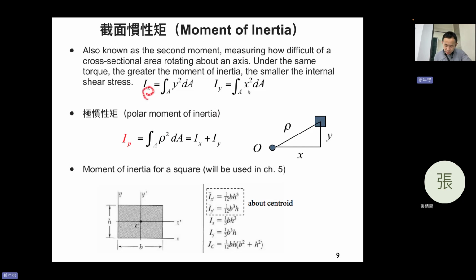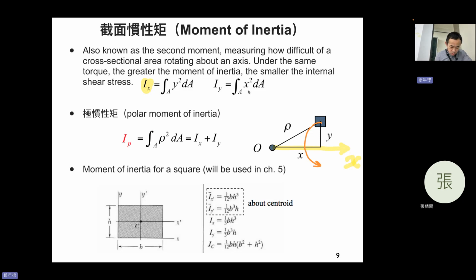So Ix equals this one. What does that mean? Ix is the difficulty of the cross section rotating about the x-axis. So how difficult is it for that area to rotate about the x-axis?